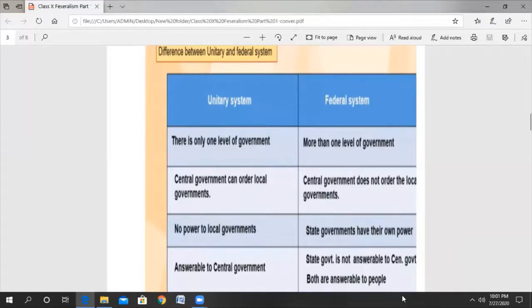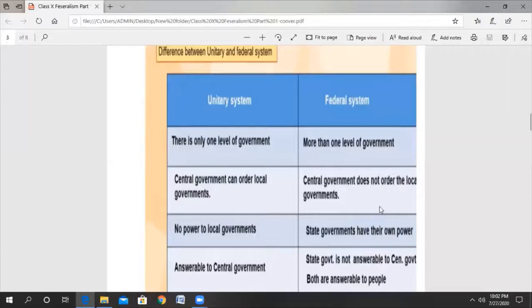Here it is explaining that in the unitary government, the central government can exercise unlimited power. It means in a unitary form of government, there is no power to the local governments. The central government can exercise unlimited power in a unitary system.